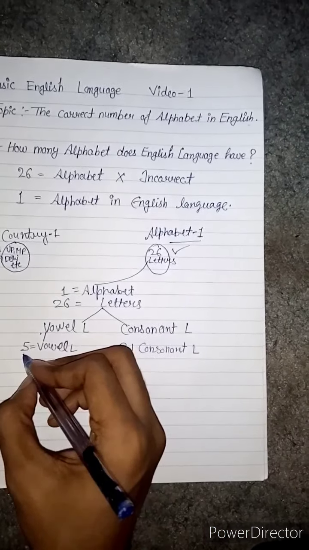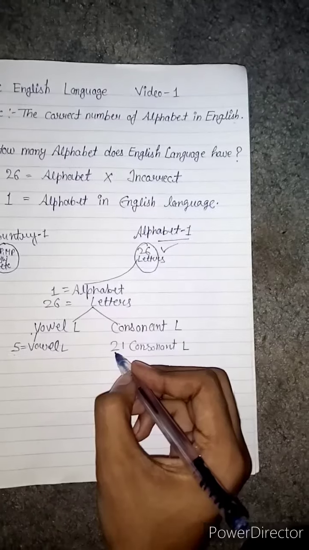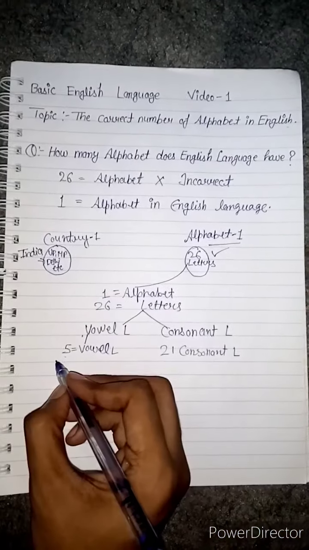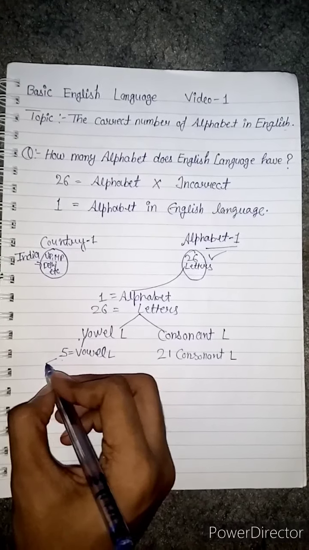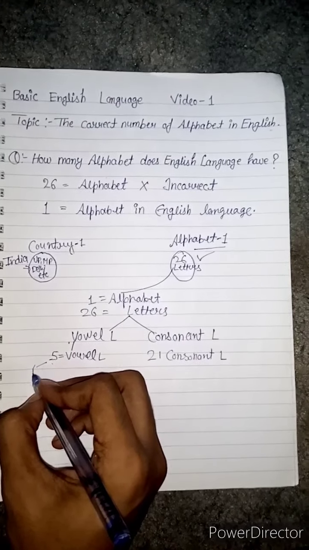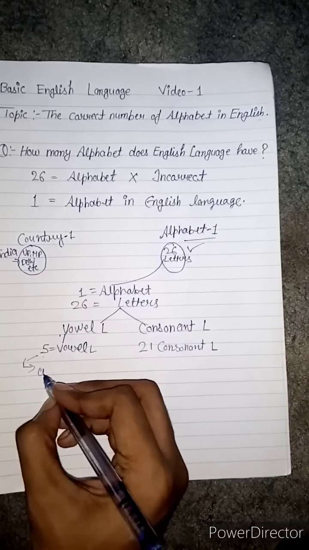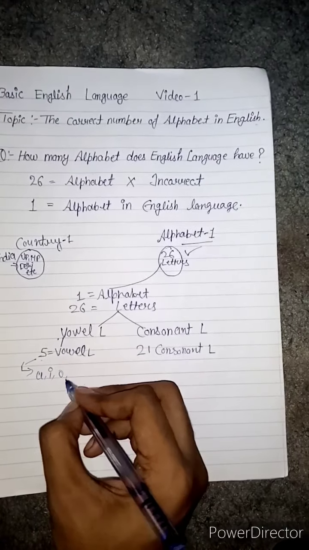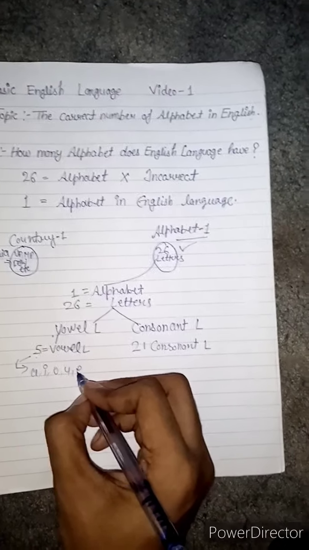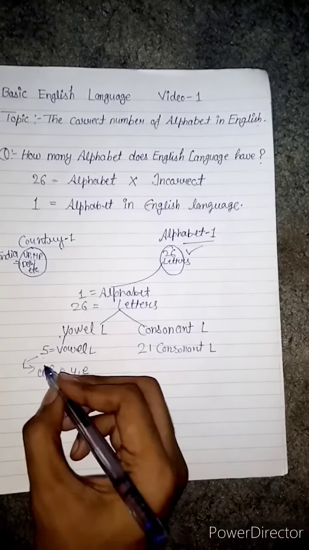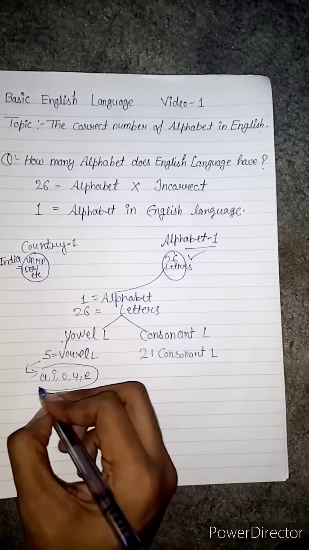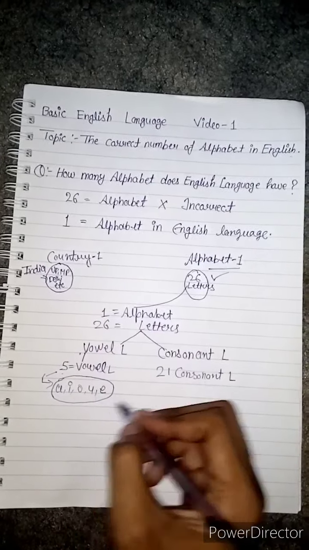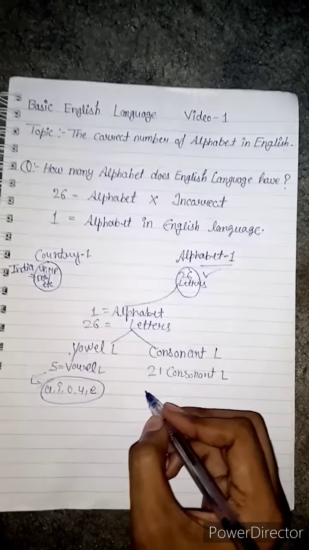If you minus 5 from 26, you will get 21, and these all are consonant letters. Let me tell you what the vowel letters are. The vowel letters are these 5: A, I, O, U, and E. Except these 5 letters from 26 letters, all are called consonant letters.